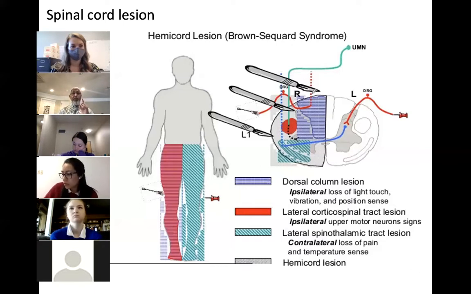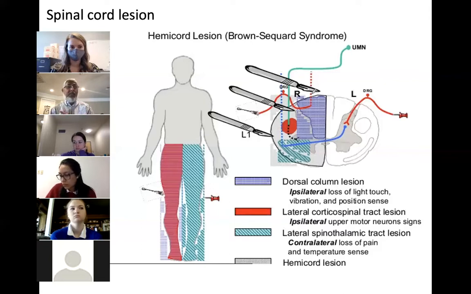So they move after the first order neuron ends in the medulla, and then the second order neuron moves to the opposite side. You see, in both cases, the second order neuron will move to the opposite side. And then where do they relay? In the thalamus. They relay in the ventral posterolateral nucleus of the thalamus, and they go to the brain of the same side, but opposite to where the signal initially originated.